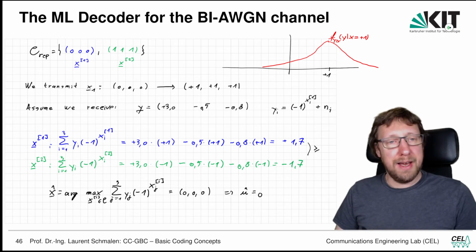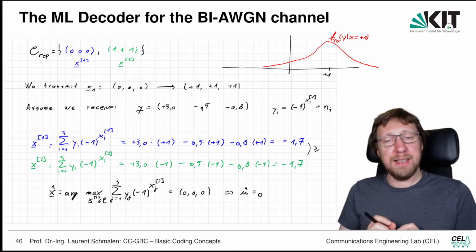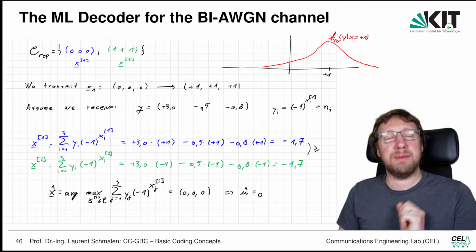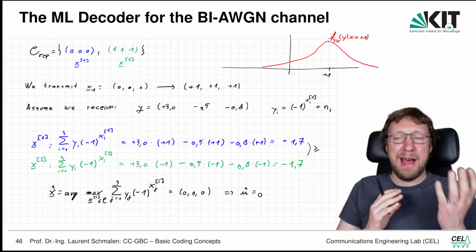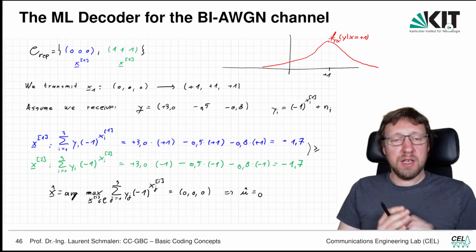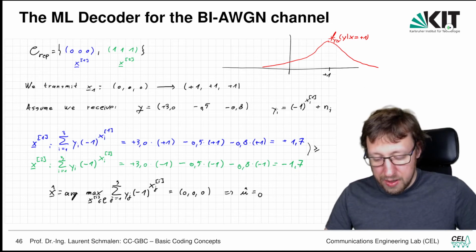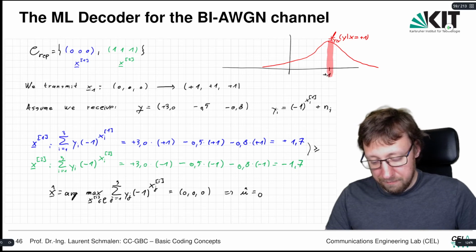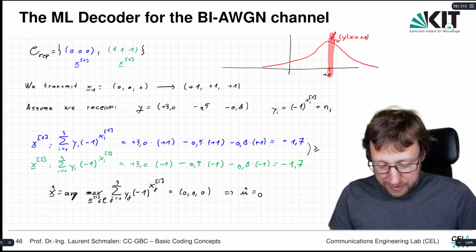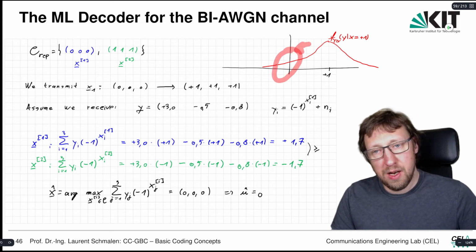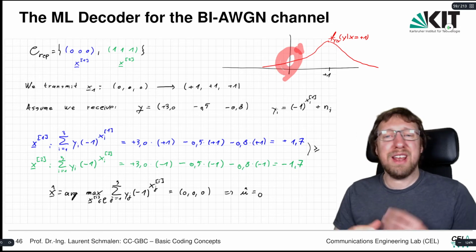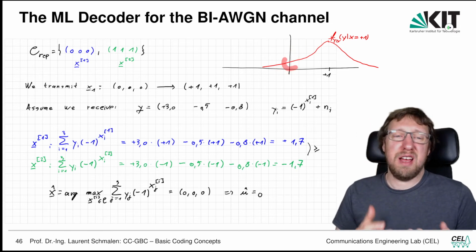So why is this the case? This is the case because we have two types of noise. I call them good noise and bad noise. So what is good noise? We transmit a +1. The bad noise moves our received symbol closer to the decision region, where it gets ambiguous.